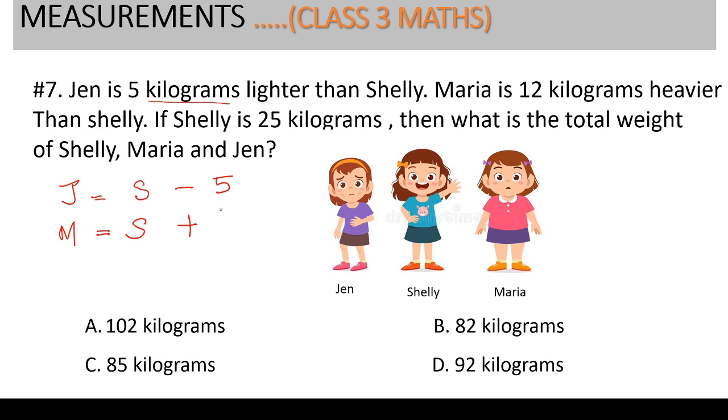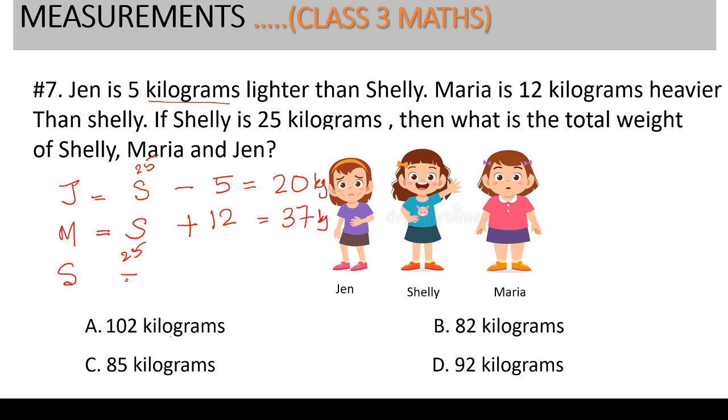So Shelly's weight plus 12 kilograms. Now we know Shelly's weight is 25. So if we replace 25, Jen's weight is 25 minus 5, which is 20. And the 25 replaced in Maria's weight will be 25 plus 12, which is equal to 37. All of them are in kilograms.